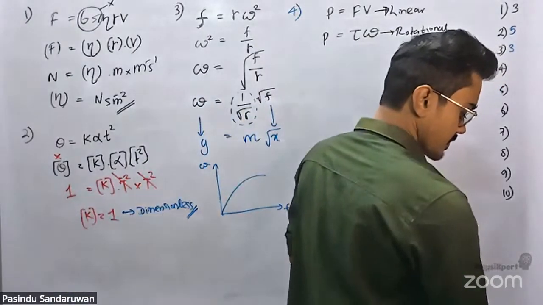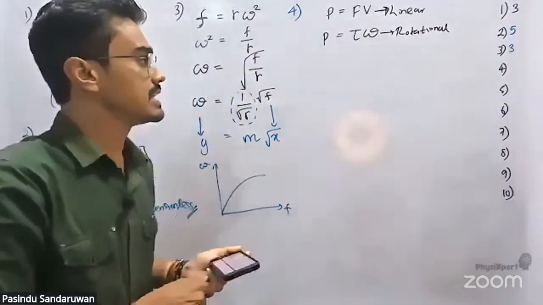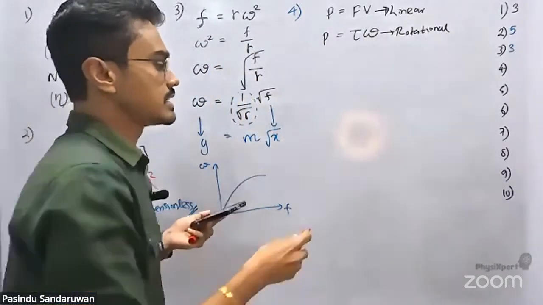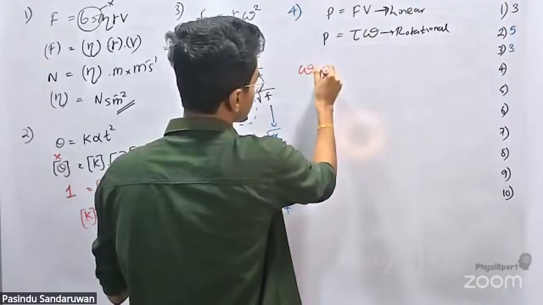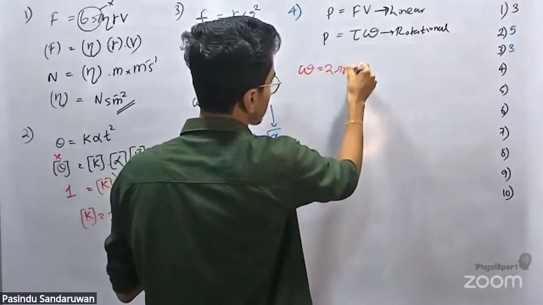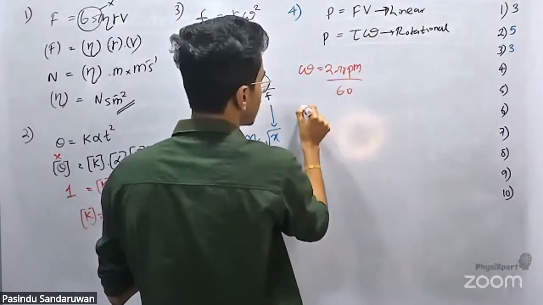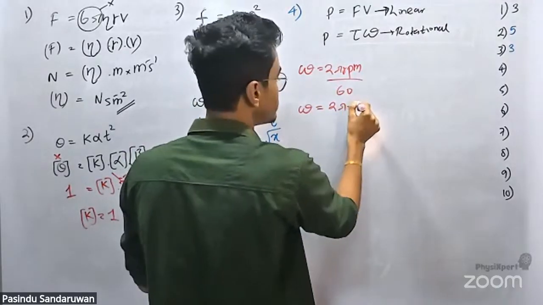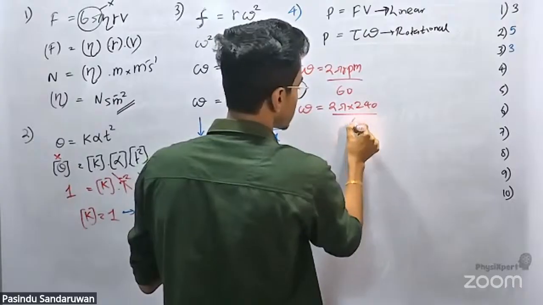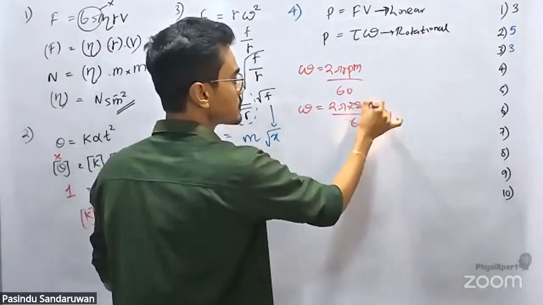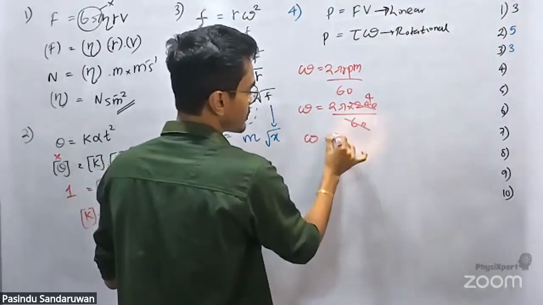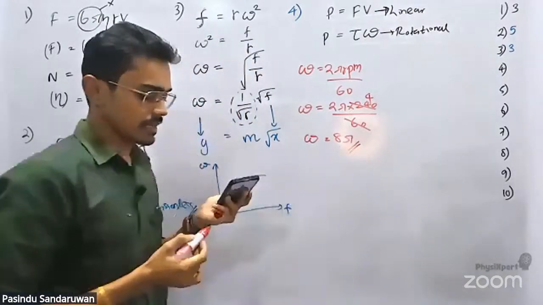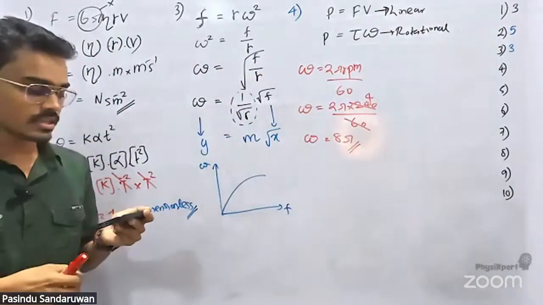RPM is given, so we can easily determine omega. We know omega equals 2 pi times RPM over 60. RPM is 240 over 60, which is 4, which means omega equals 8 pi. Omega is known.